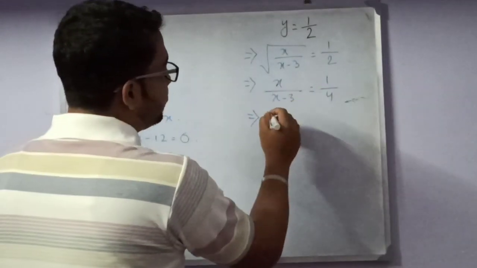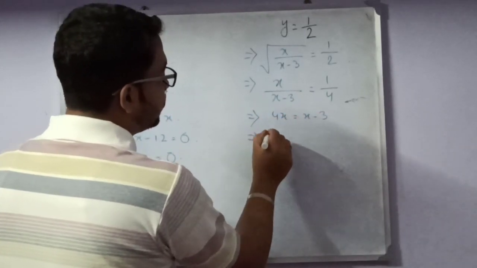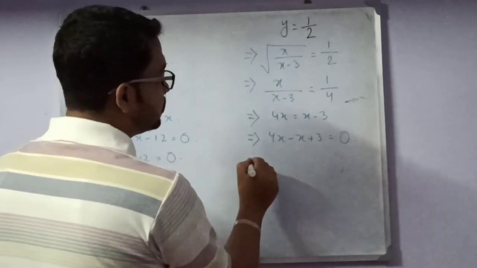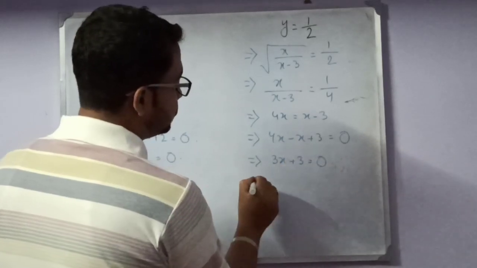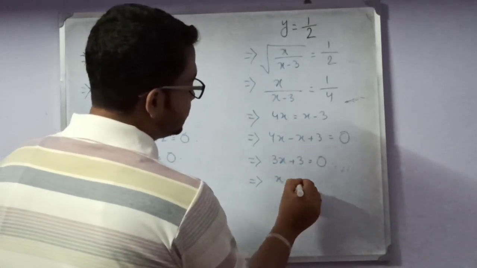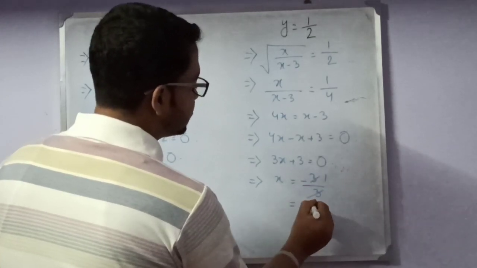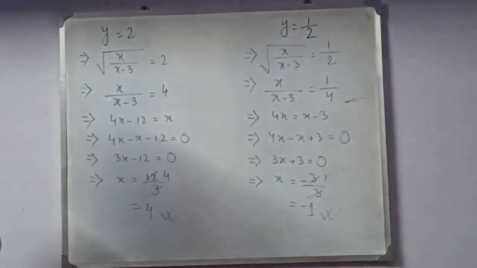So again cross multiplied 4x is equal to x minus 3. 4x minus x plus 3 is equal to 0. 3x plus 3 is equal to 0. So x means minus 3 upon 3, means minus 1. These two are my roots.